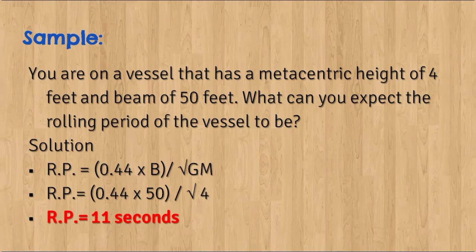So if it exceeds the expected rolling period, for example, in the event that the ship encounters heavy seas, then that is the call of the master. What I mean to say is it depends on his decision whether the ship will take another course, because as we discussed in last week's discussion about windage, we can control the ship's course and the ship's speed in order to make the situation favorable.